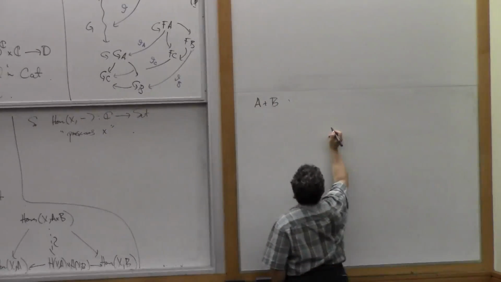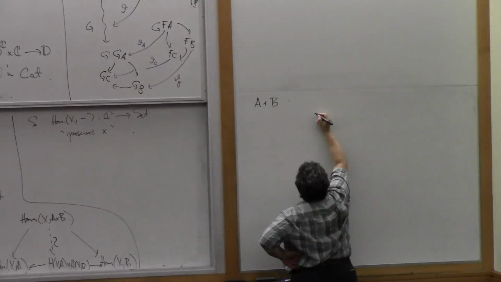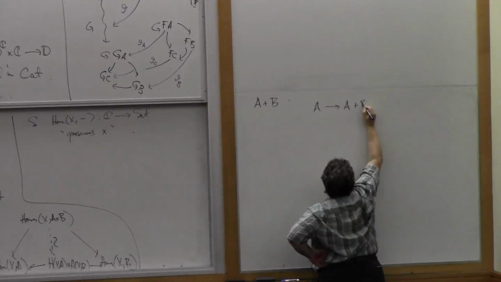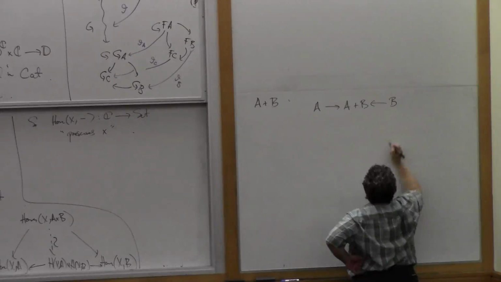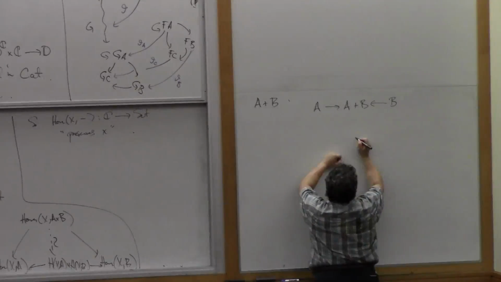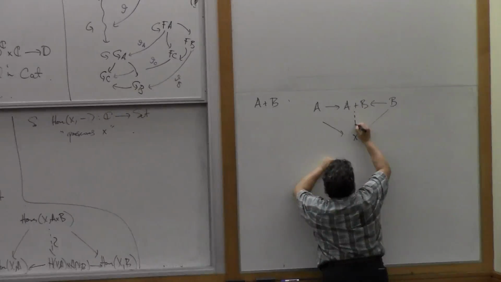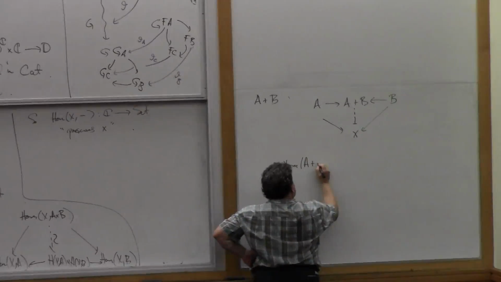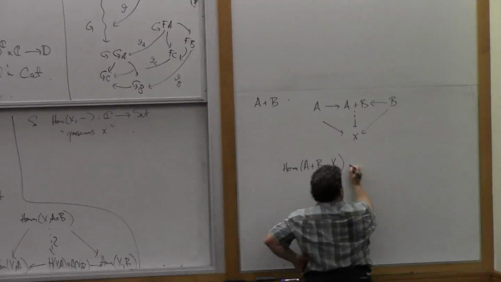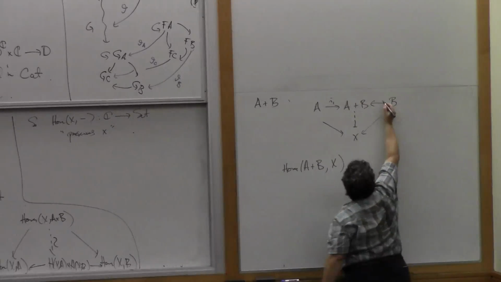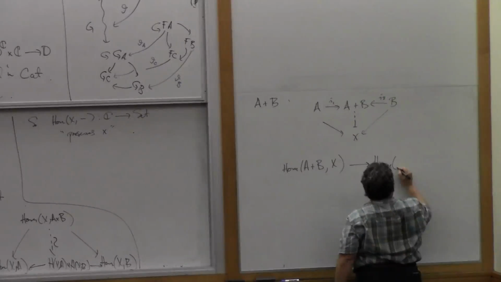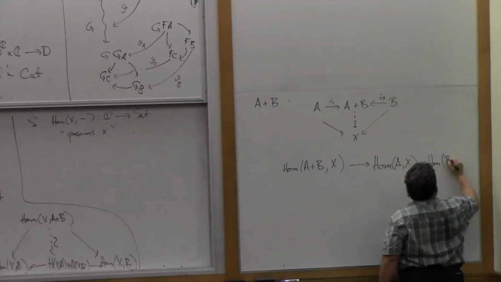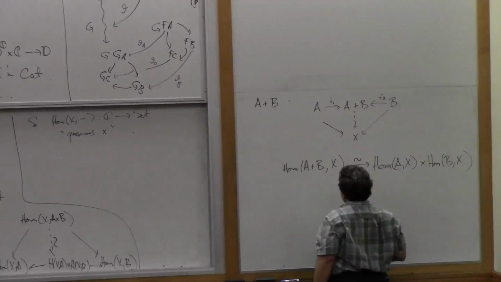You have the maps I1 and I2 into A plus B. Now let's think about what happens when you hom out of this into some other object X. If I take Hom(A + B, X) and compose on the one hand with I1 and on the other hand with I2, I get a pair of maps, one from A into X, and the other from B into X. The universal mapping property says that's an isomorphism.